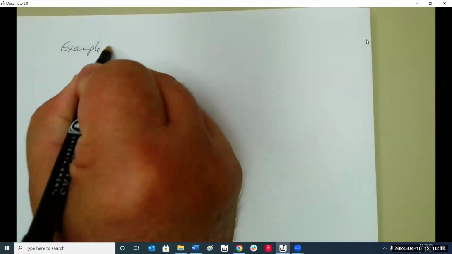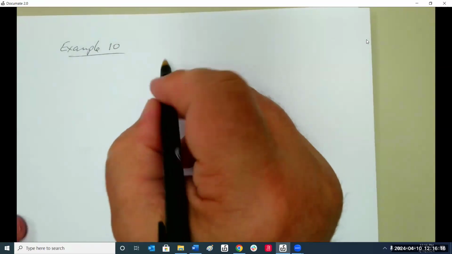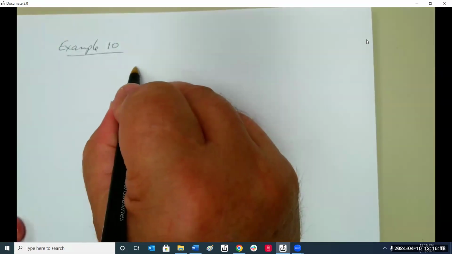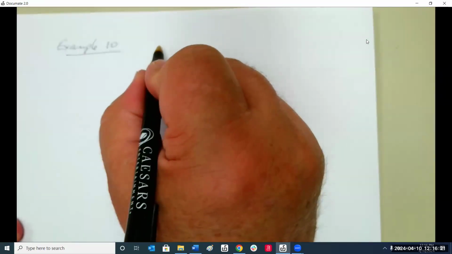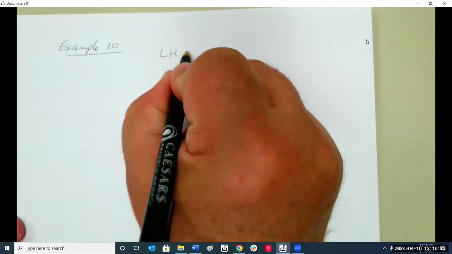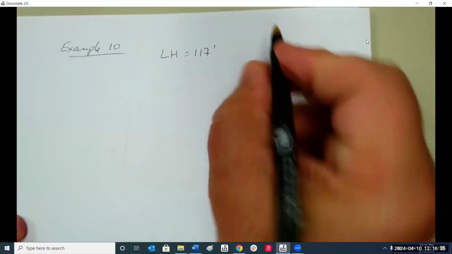So how are we going to do this? Example 10. We have the lighthouse is 117 feet tall.